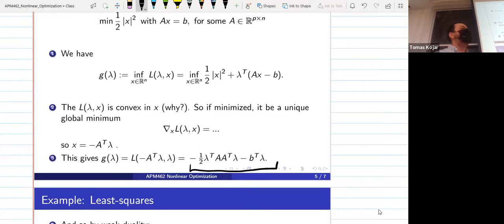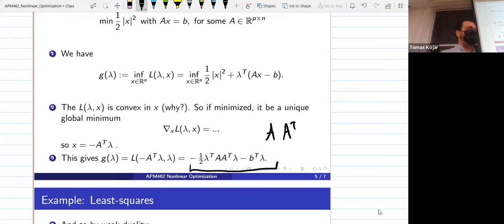What's the benefit of this new form? What do you know about A A transpose? Perfect. All of that. Yes.